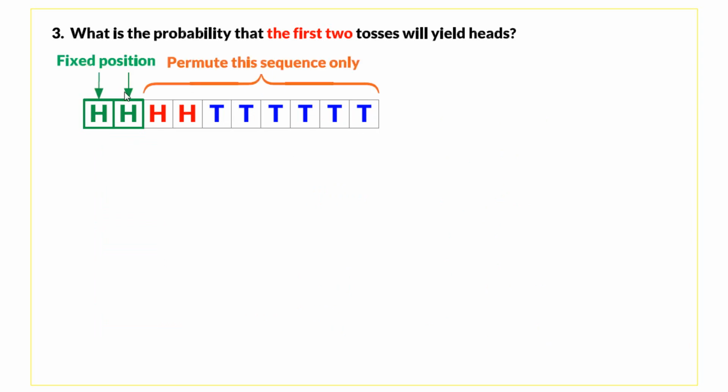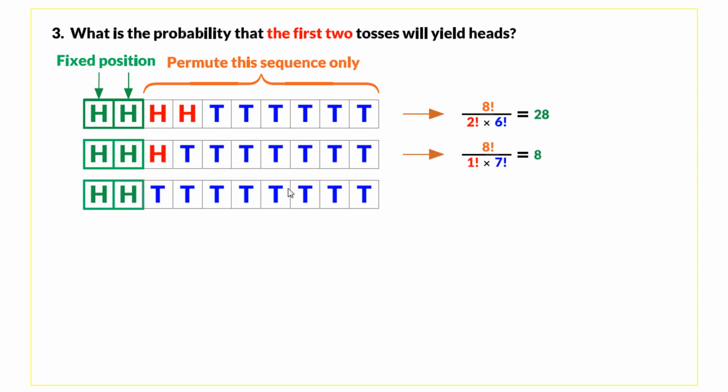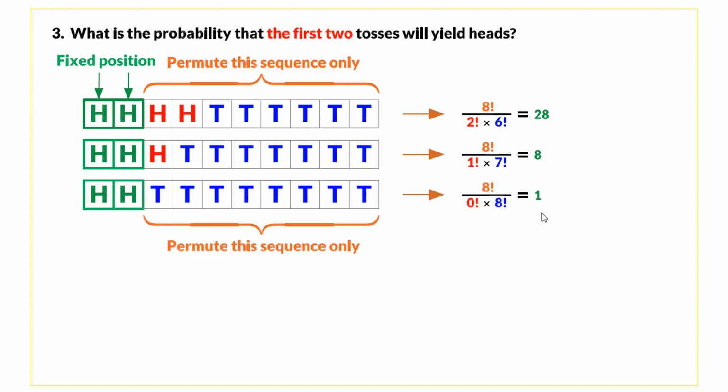We can also have 6 tails in the sequence. So we have here 2 heads in fixed position, and we can permute this 8-letter sequence with 6 tails, and we get 28 possible permutations. Or we can have 7 tails, and we get 8. Or we can have 8 tails, and we get 1 possible permutation.